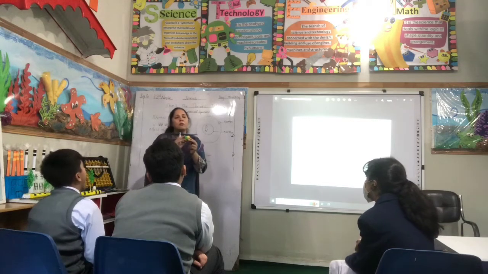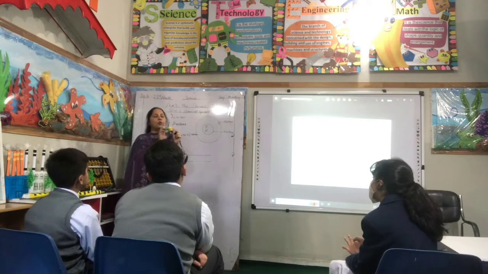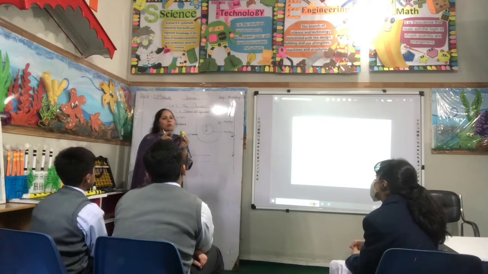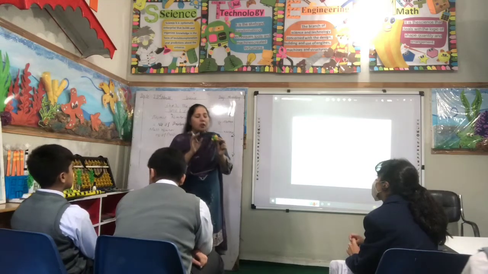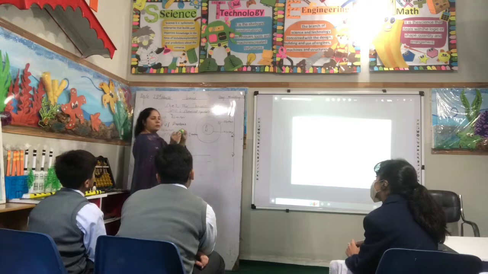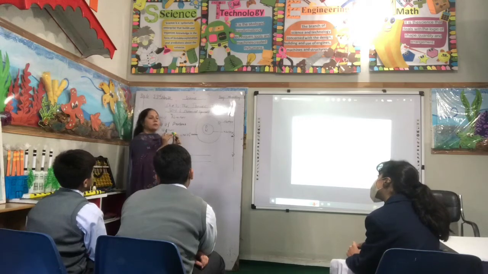But when we are talking about the mass number, we are talking about both of the subatomic particles present inside the nucleus. And which are they? Proton and neutron. Understood? So again, let us look at it once more. Number of protons makes the atomic number. Number of protons plus number of neutrons makes the mass number.